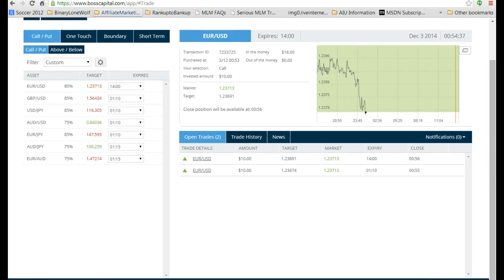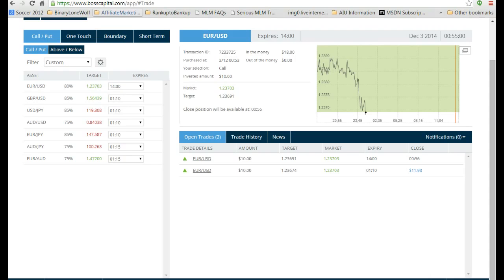So I could exit the trade early, take my profit, and exit. With the foreign brokers, if you exit the trade, you're in a loss no matter what. If you put $10 on the trade and they are only returning $8, you're out $2. And if you do that enough, it'll add up over time.